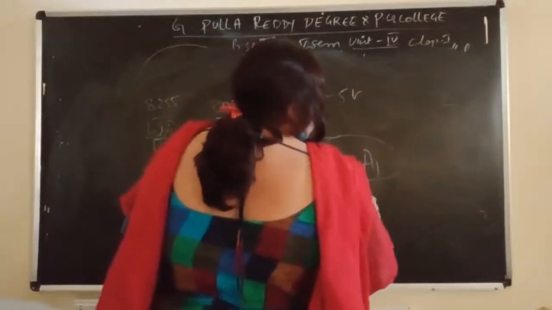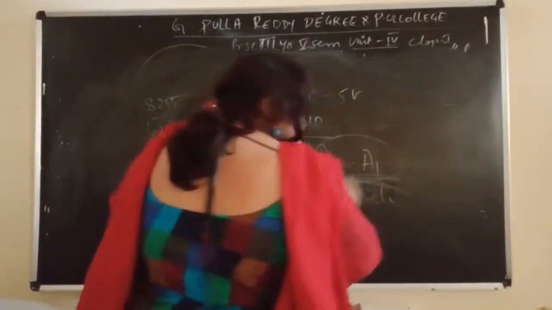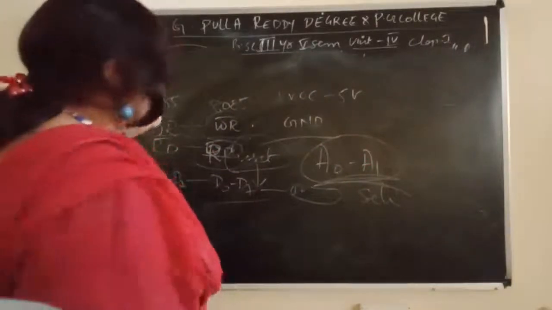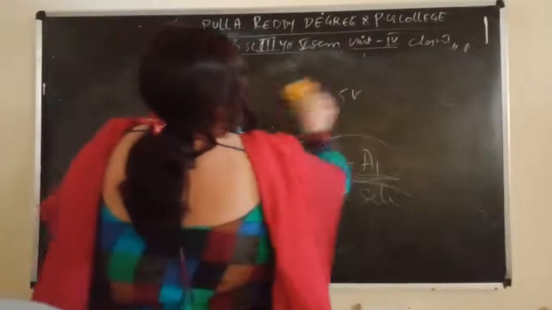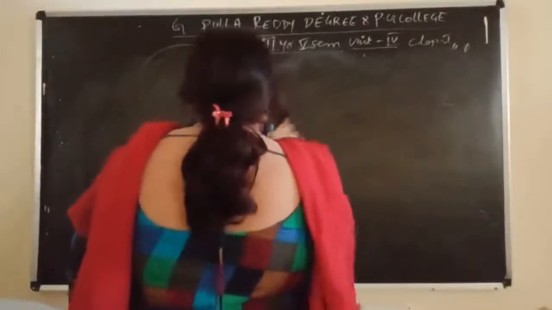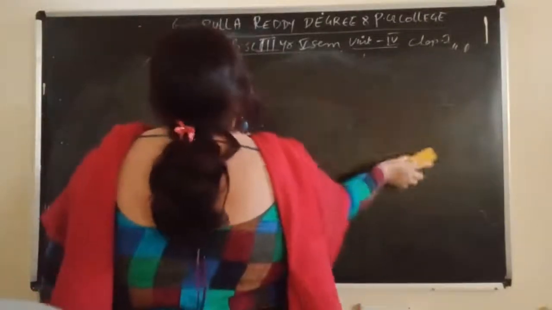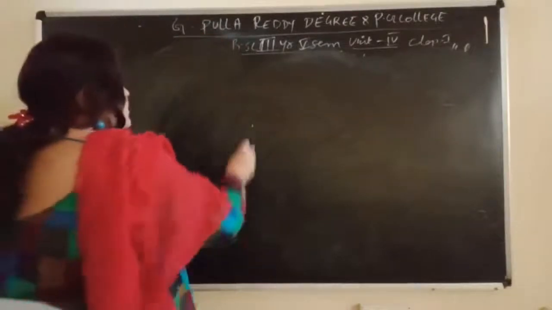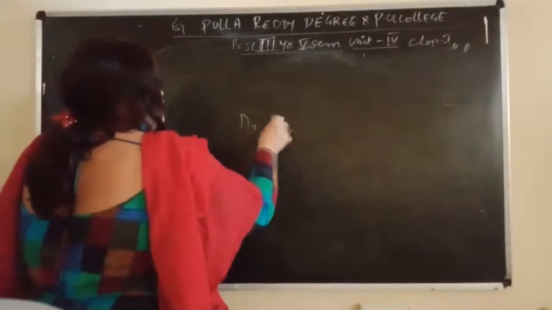These two pins are select pins. These two pins will select the ports, meaning which port you want to take. Okay, these two pins only will select the ports, A1, A0.